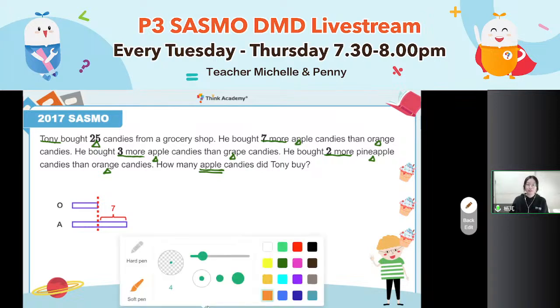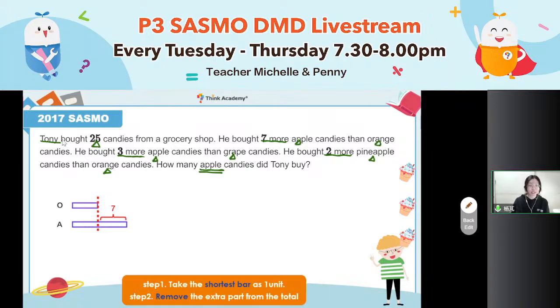Okay, now the first sentence, I have already drawn it out. The second one says he bought 3 more apple candy than grapes candy. Then which one is more this time? A apple, B grapes, which one? Okay, yeah, good job. It will be A again.